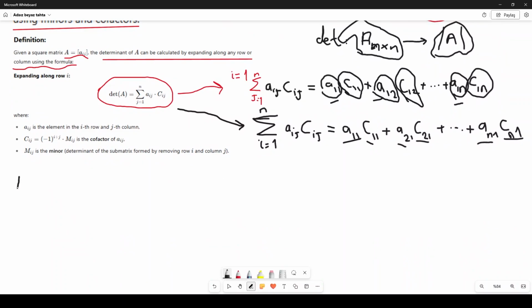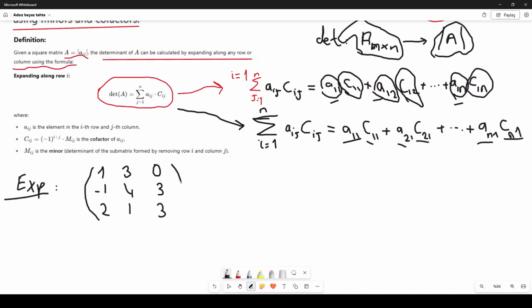Okay, here's the example. Let's first define a square matrix. Say 1, 3, 0, -1, 4, 3, and 2, 1, 3.